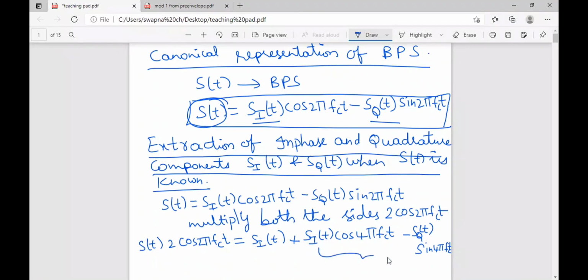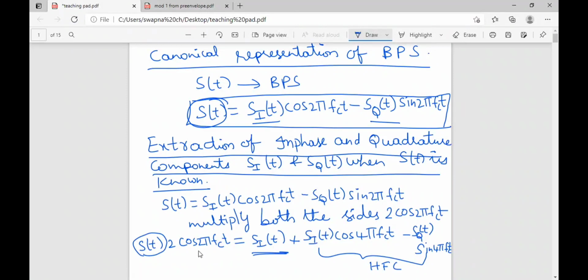So if you observe, these are the high frequency components. What is our aim when S of t is given? By multiplying something to that, somehow we need to get only Si of t. So how can we get it?